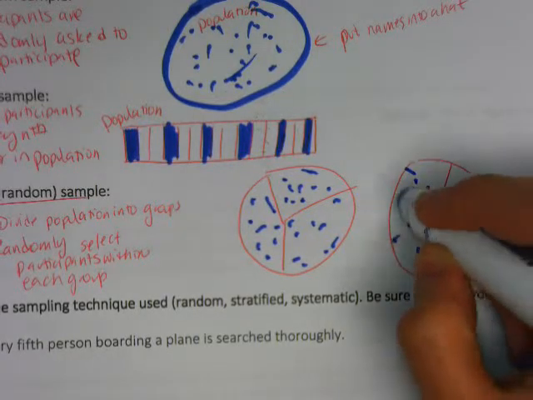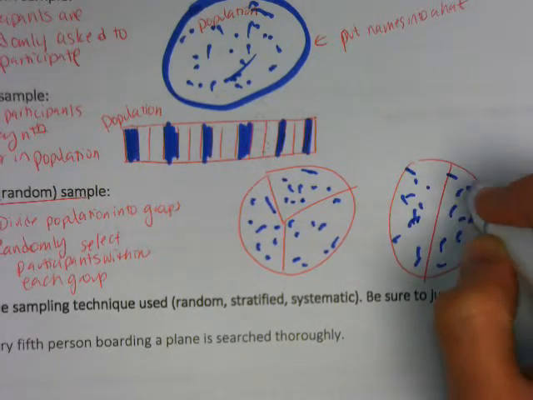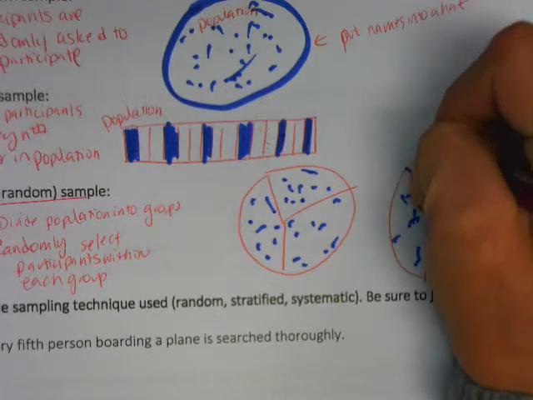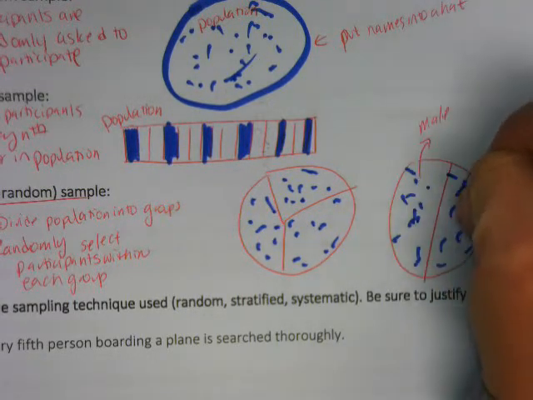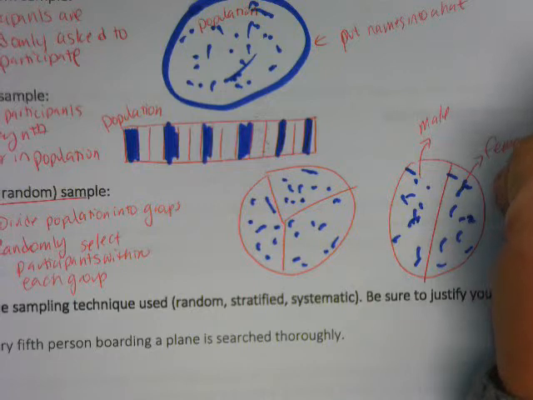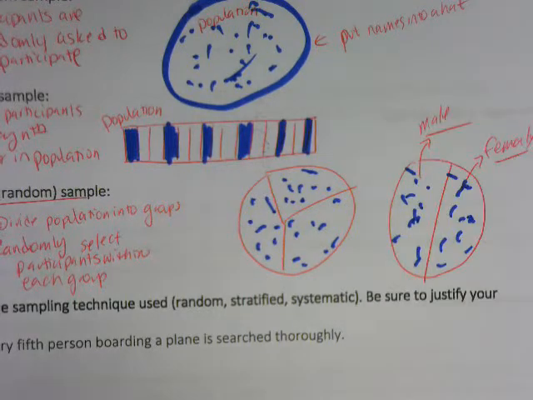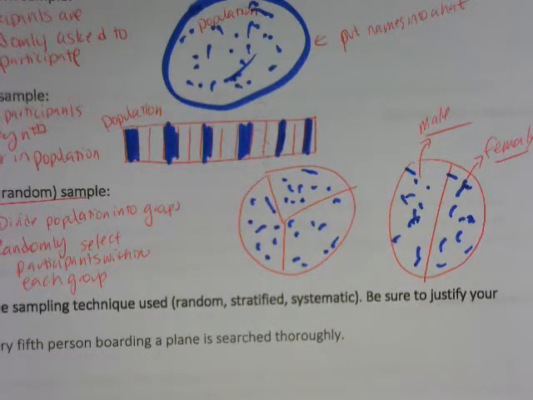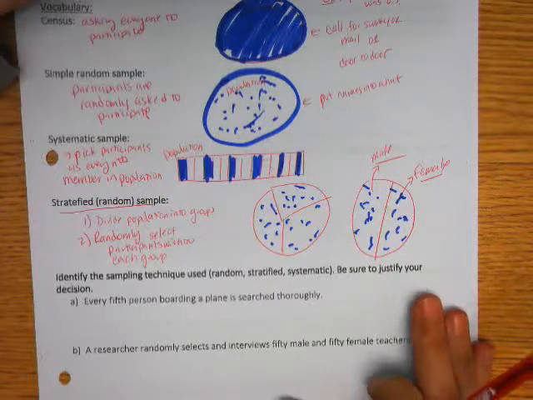One good example, so let's pretend we're still polling the United States. One way you could do it is you could split it up into males and females. And then once you have the males in one group, the females in the other, you choose some method to randomly pick participants within that group.